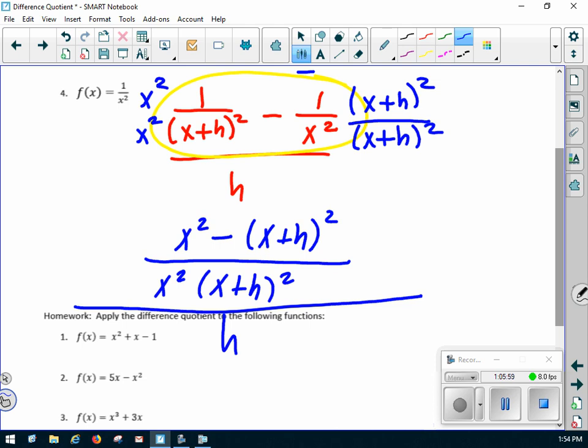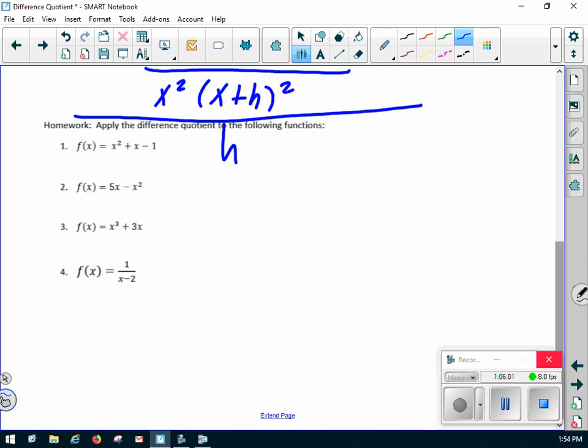Now I'm going to ask you a question. Don't write this down. 1/3 divided by h. When I divide by h, it's the same as multiplying by 1 over h. So 1/3 divided by h is the same as 1/3 times the reciprocal of h, which is 1 over h.